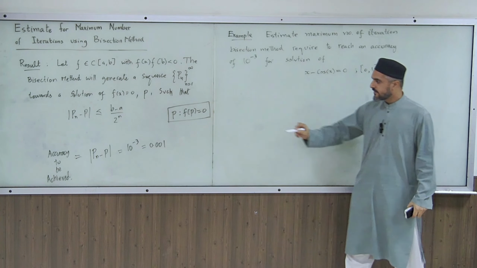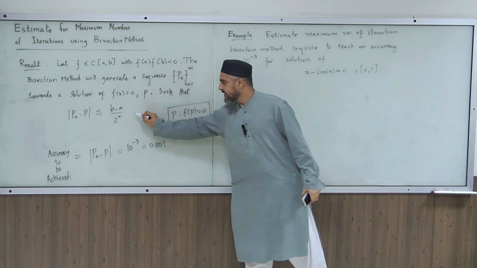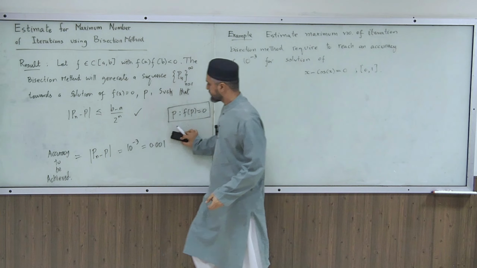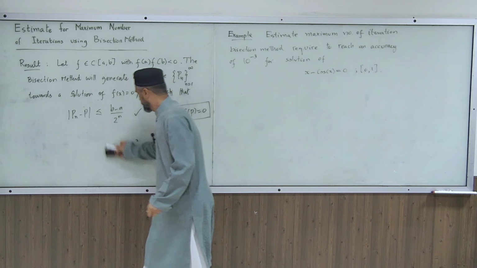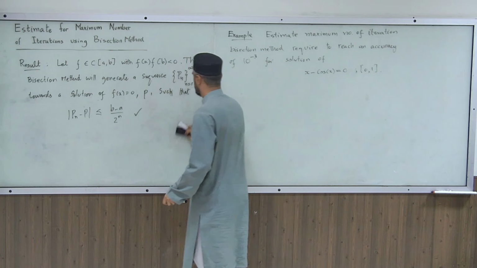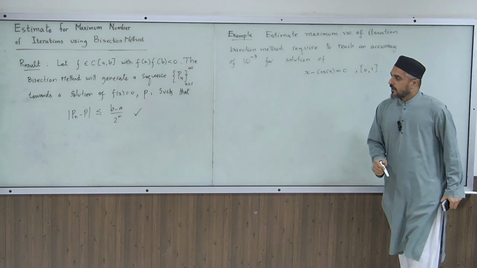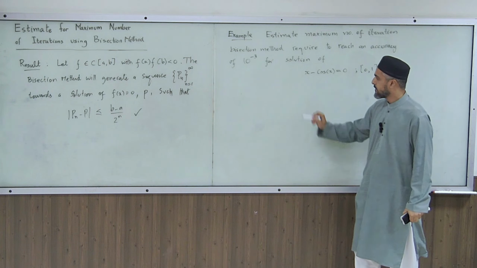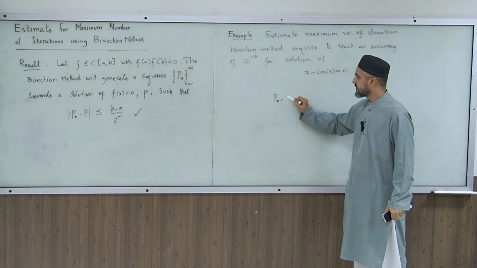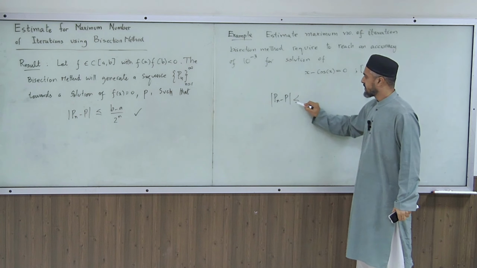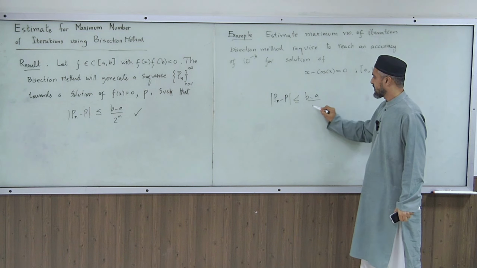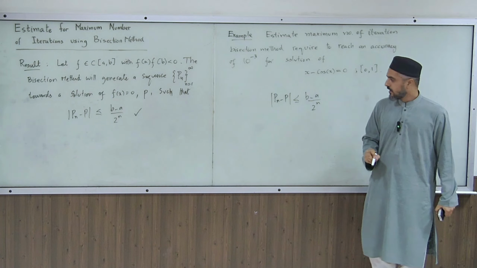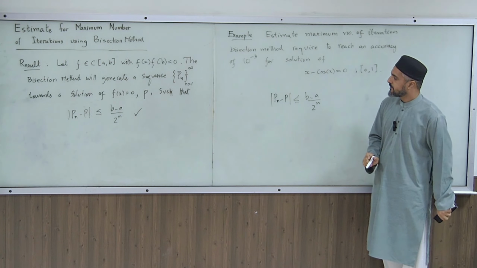So let's use this inequality. It says |p_n minus p|, so let me rewrite it: |p_n minus p| is less than or equal to (b minus a) divided by 2 raised to the power n. What is p_n minus p in this case?